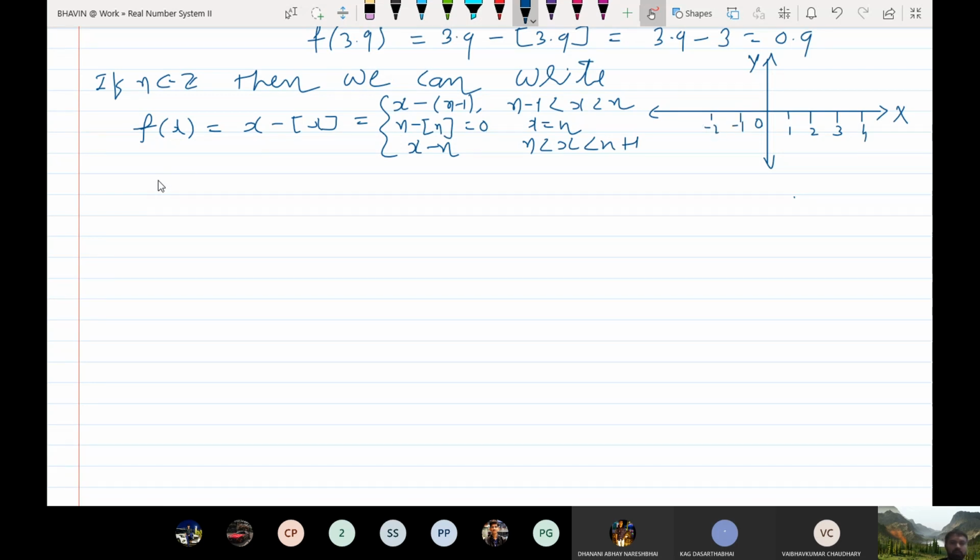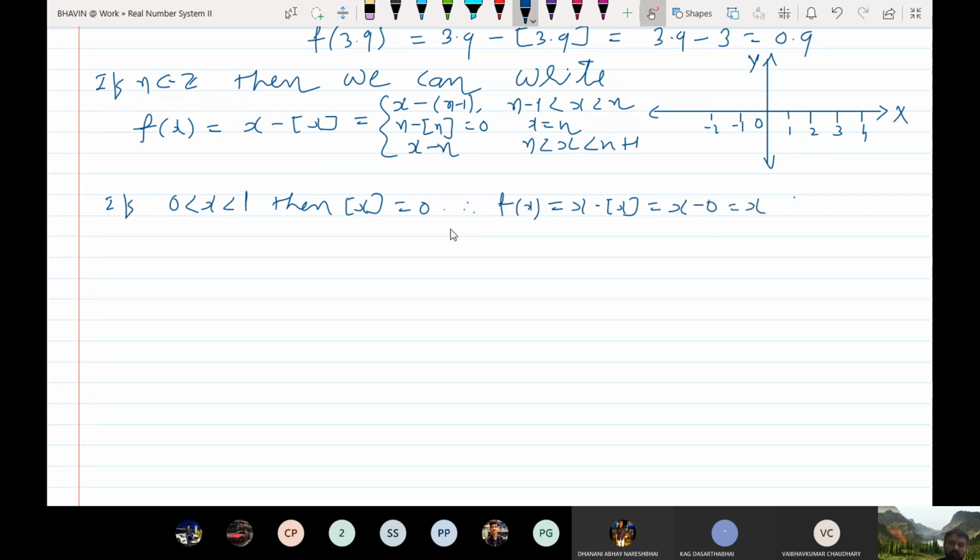See, if you take 0 less than x less than 1, then box of x is 0. Therefore, x minus box of x, f(x), is x minus 0, that is x.